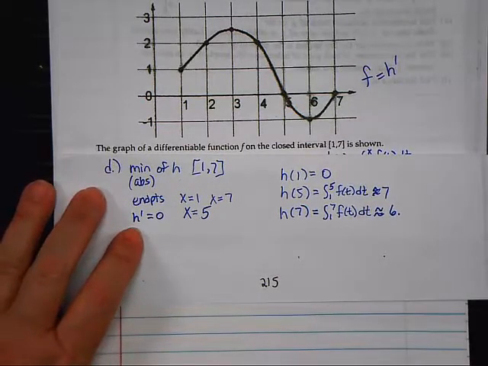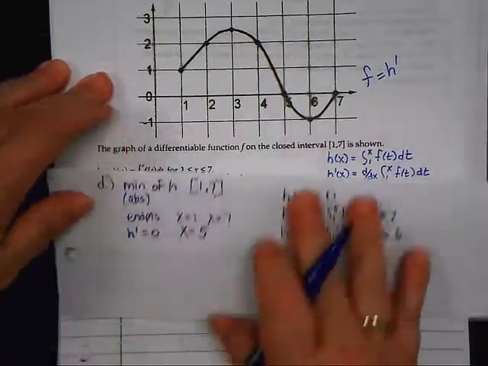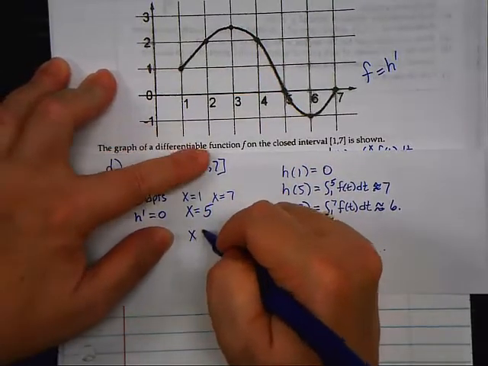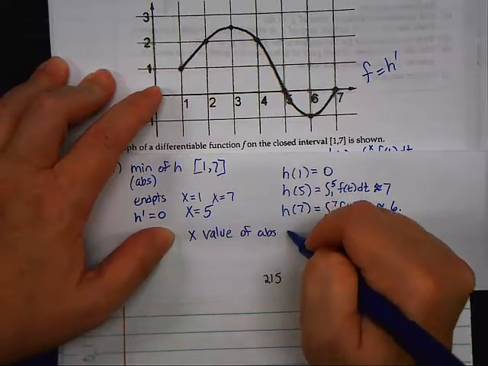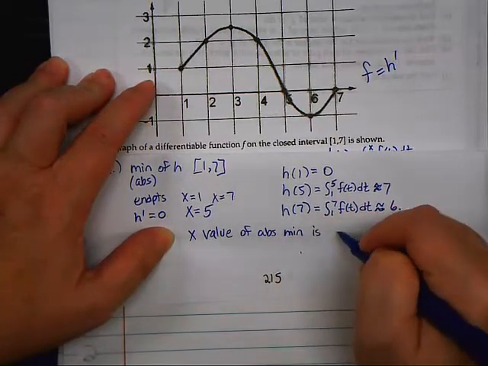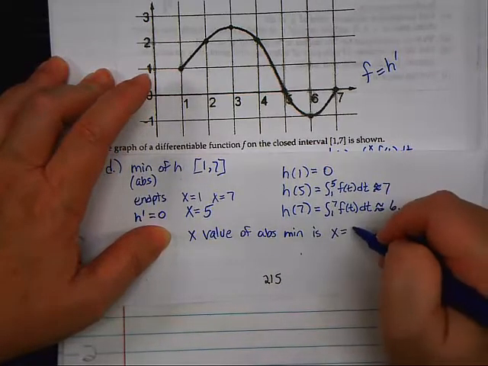So, which one of those three is the absolute minimum? H of 1, which is 0. So, the question said, did it ask for the x value or the y value? It said the x value. So, the x value of the absolute minimum is x equals what? 1.